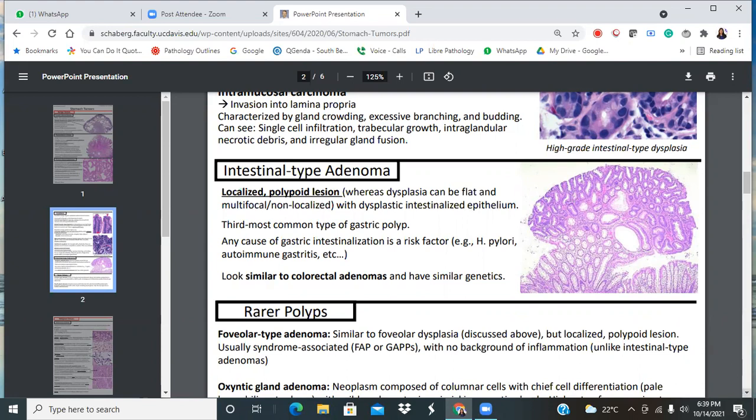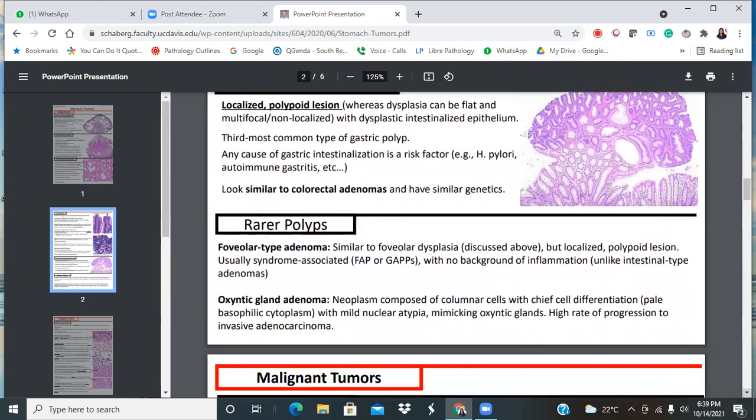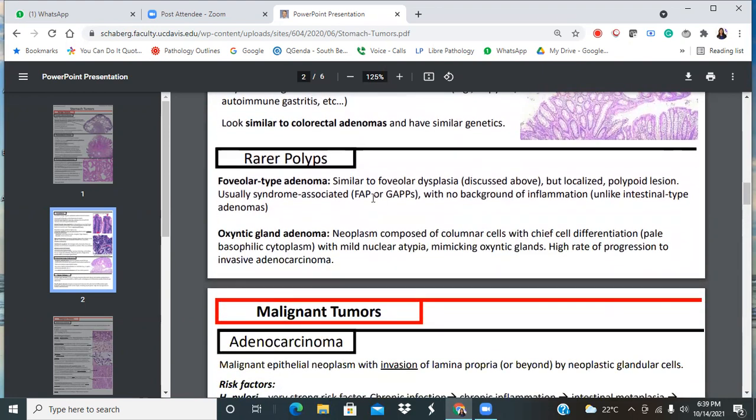Rarer polyps: foveolar type adenoma, similar to foveolar dysplasia, but a localized polypoid lesion, usually syndrome associated, FAP or GAPPS, with no background of inflammation, unlike intestinal type adenomas.